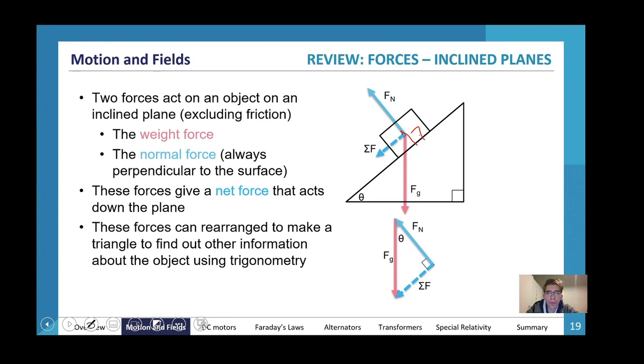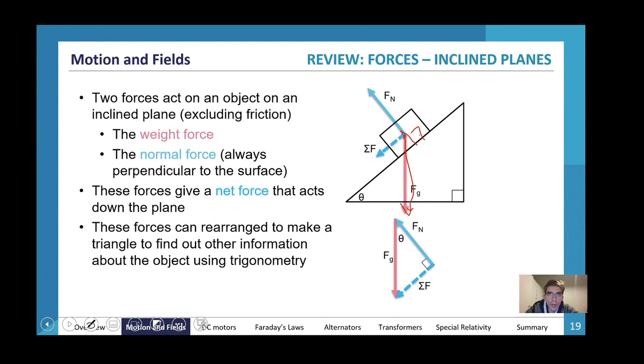For the weight force, they are looking for you to draw it from the center of the object's mass straight down. They want you to annotate the forces very well, right? They want you to label what you're drawing. It is really important. If you don't label what you are drawing, it is very, very likely that you will get 0 marks.